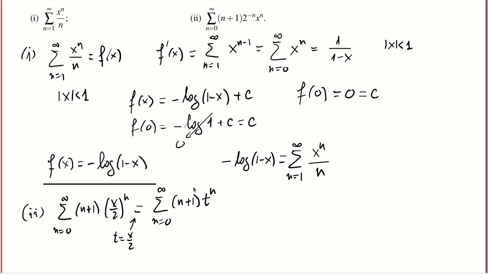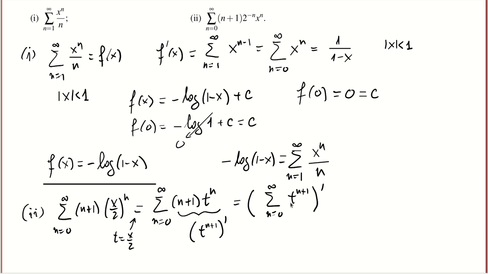So let's focus on this one. Here we have the opposite problem. It's easy to see that this is the derivative of something, because it's easy to recognize the derivative of this term here. So this is actually the derivative of the function, the sum from 0 to infinity of t to the n plus 1.